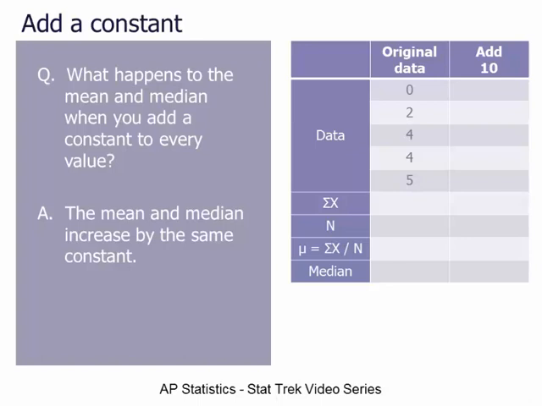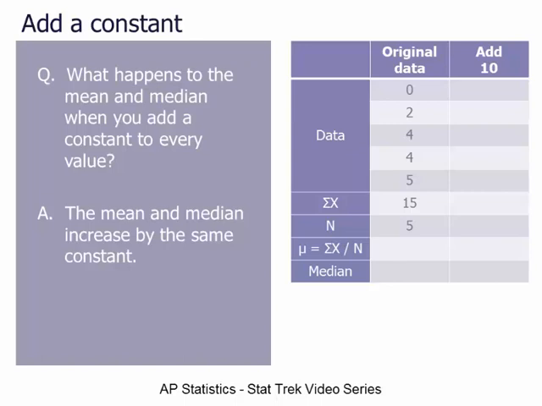To compute the mean, we need to compute sigma x, the sum of all values in the data set. Sigma x is 0 plus 2 plus 4 plus 4 plus 5, which equals 15. We also need to know the number of observations in the data set, which, in this case, is 5.